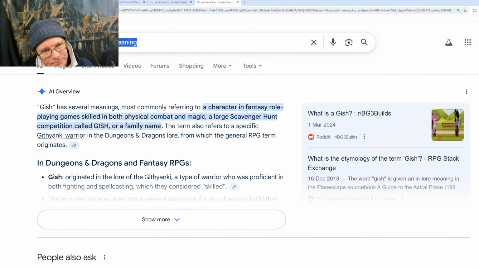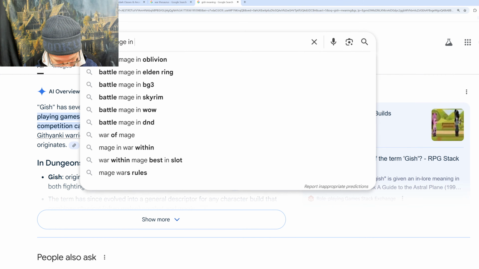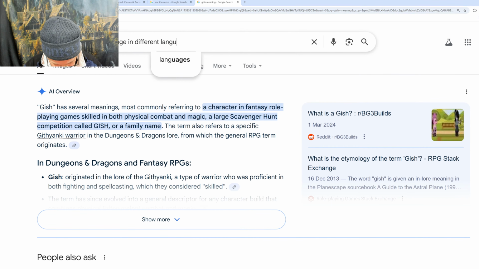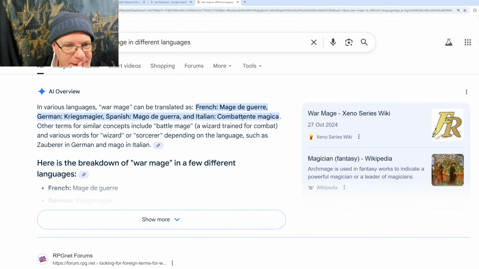over here. I'll try this. So War Mage in different languages. Give me that. What do we got? French. Mage de guerre. Okay. German. Kriegsmagier. Okay. Mango feels like a fruit.